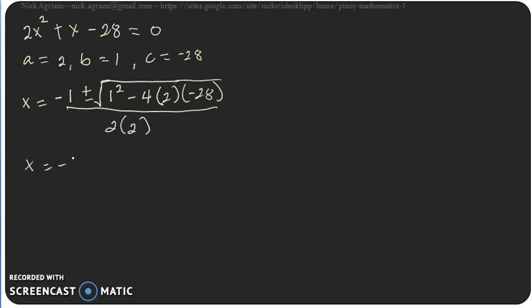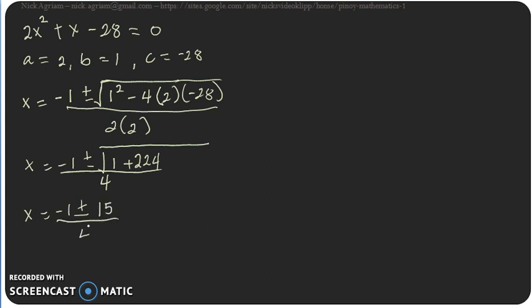X is equal to negative 1 plus minus square root of 1 plus, what is 8 times 28? 4 times 2 times 28, that is 224, divided by 4. Then we have x is equal to negative 1 plus minus square root of 225, that is 15, divided by 4.